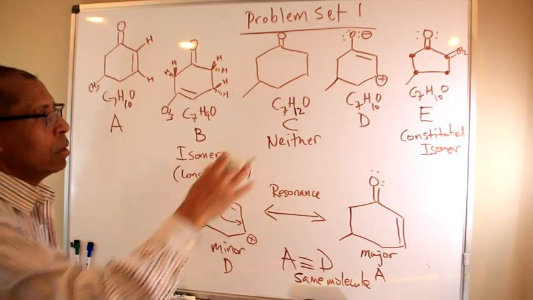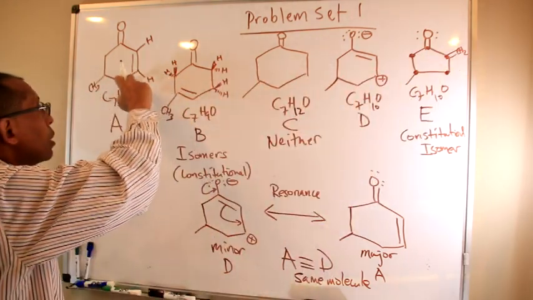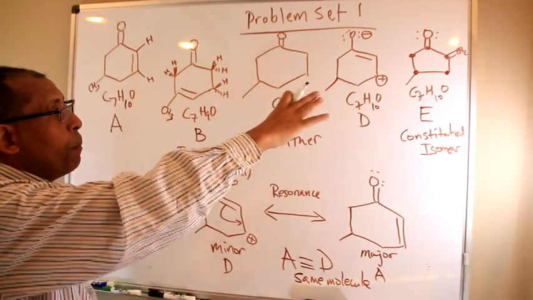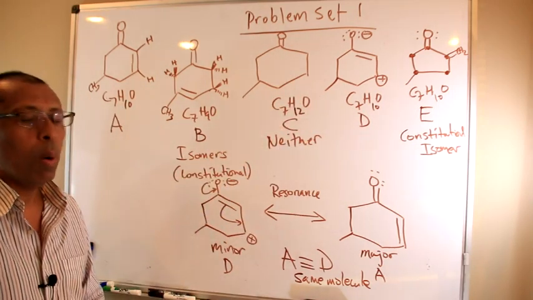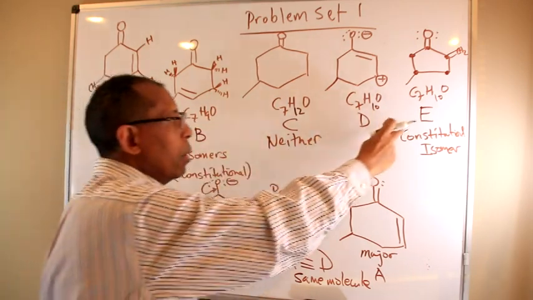This is a 5-membered ring and that is a 6-membered ring. So the bonds making up the C7H10O are not the same in compound A and compound E.